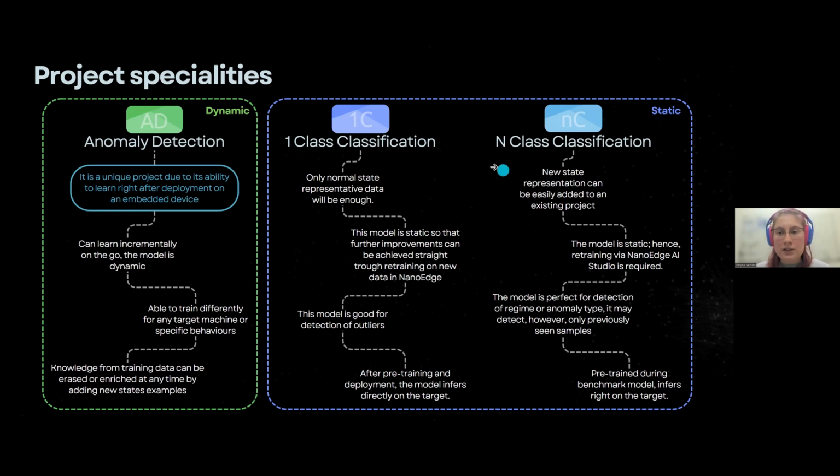For example, for one-class classification, all you have to have is just a set of good samples. It's quite good, right? Because you don't have to bother with collecting your data for a really long time. And N-class classification is handy because at any time you can easily add or delete one class, retrain, and again develop your software, which is good.